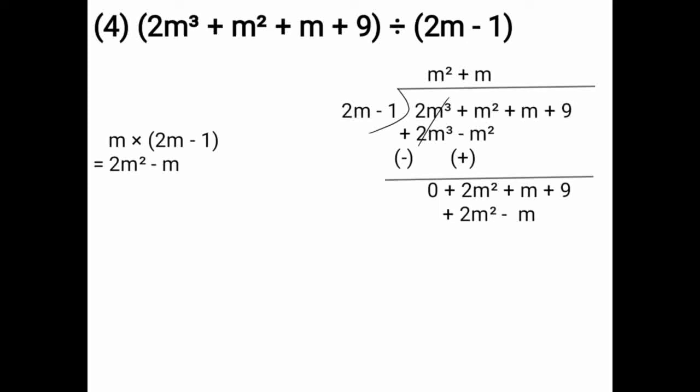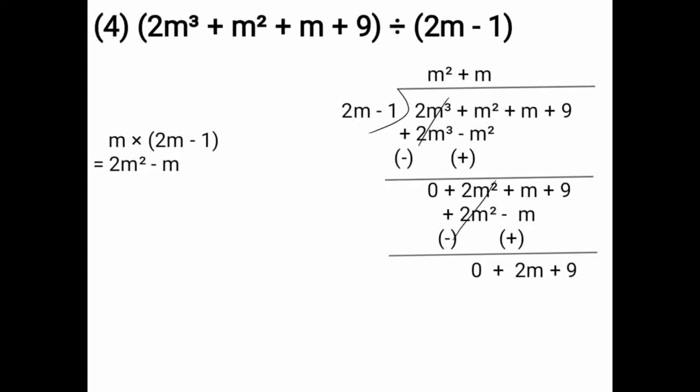Now take the opposite sign. Plus becomes minus, and here minus becomes plus. 2m square minus 2m square, cancel it because you are getting the remainder 0. Now you have to add this, m plus m, 2m, that is plus 2m, plus 9, you have to bring it down.